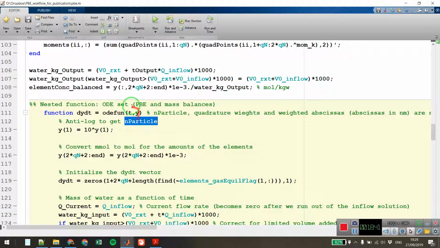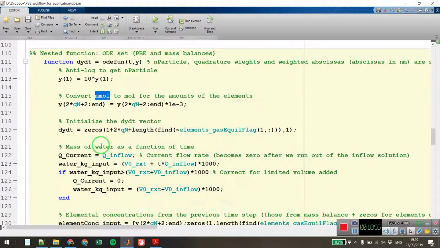That is why in the function at the beginning, it has to convert everything by raising 10 to the power y1. Or for example, instead of following moles, because the moles are in the range of 1 for this precipitation system, and generally for precipitation systems, we follow everything in terms of millimoles instead of the SI unit, which is mole.